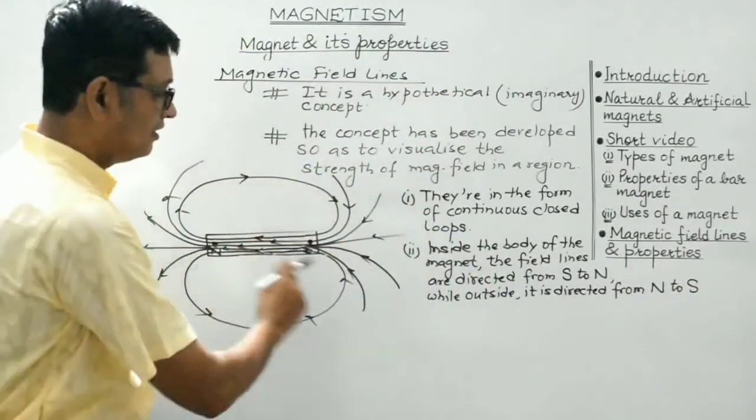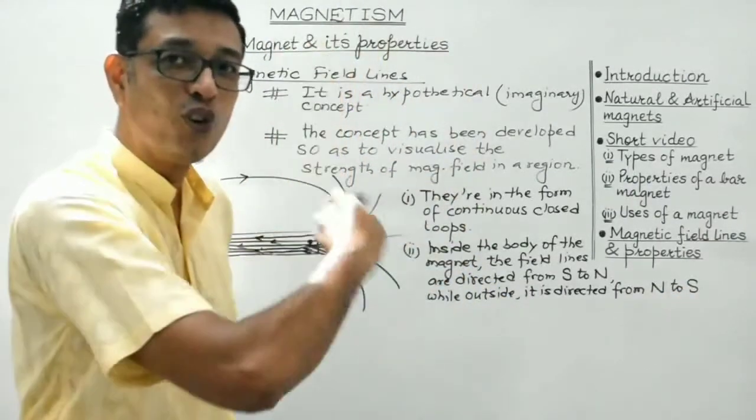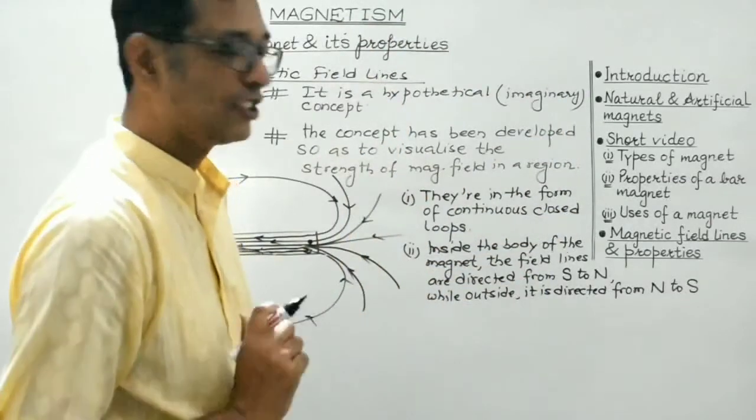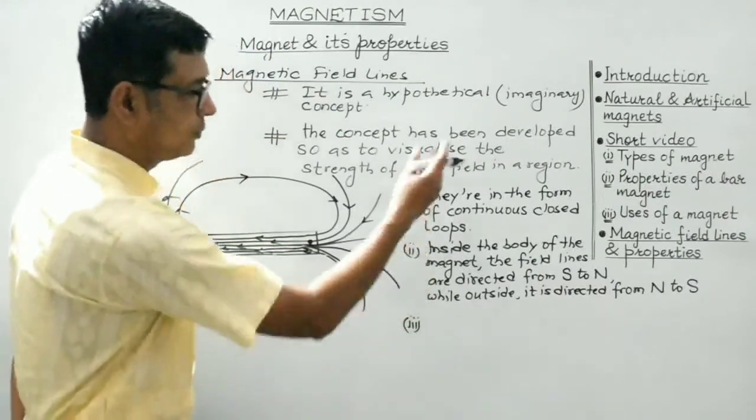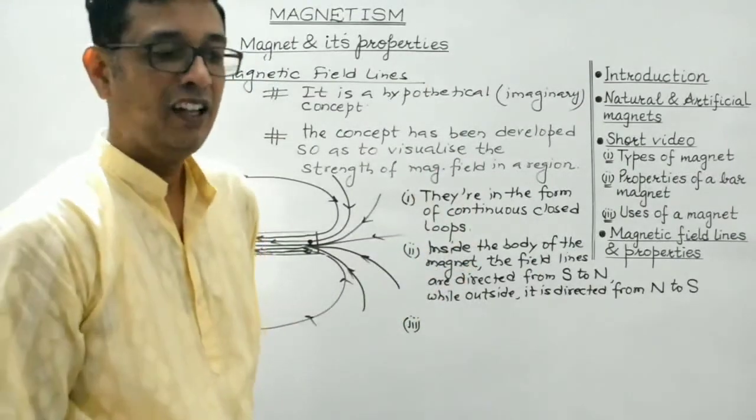It is only then it will be in the form of a closed loop. Clear, students?